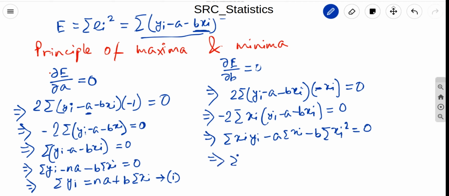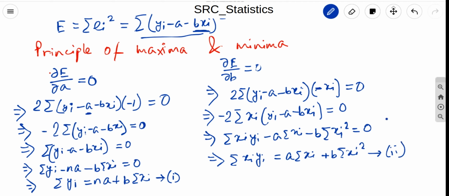Keeping summation xi yi on the left-hand side and sending the others to the right, we get summation xi yi equal to a summation xi plus b summation xi square. This is equation number 2.